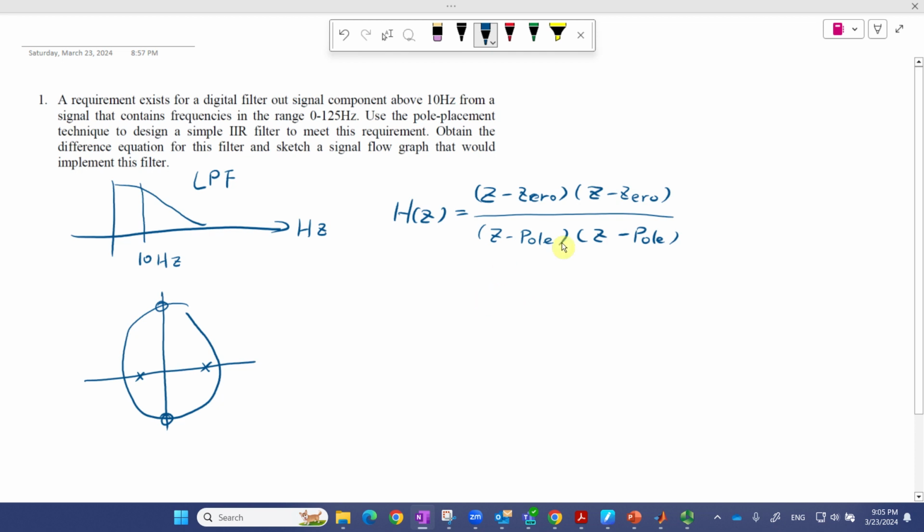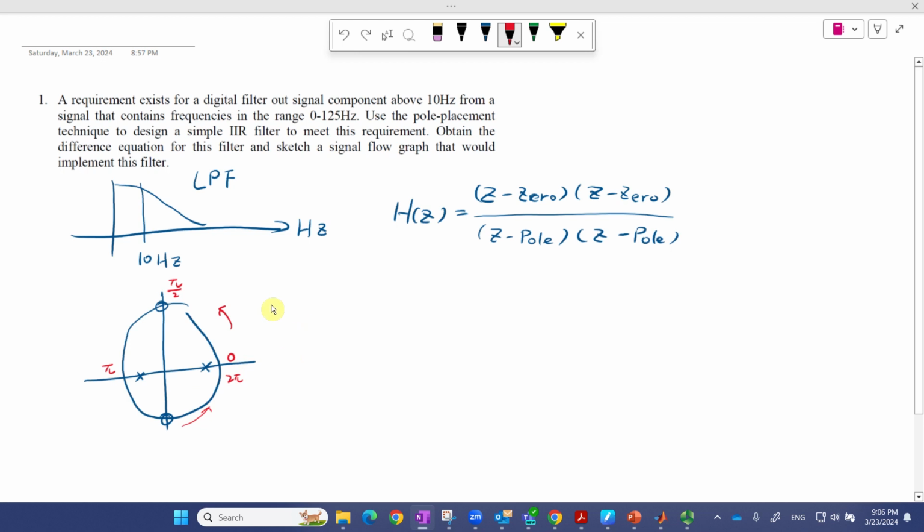Based on this definition, you will see that for any frequency, we're going to examine the frequency around the unit circle. From here, that's 0, and we go this way, and this one is half pi, and we get to pi, and we go all the way back to 2 pi, to the same position.